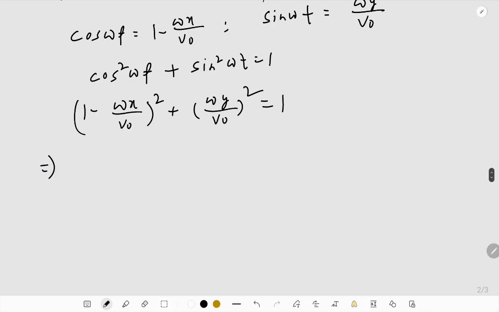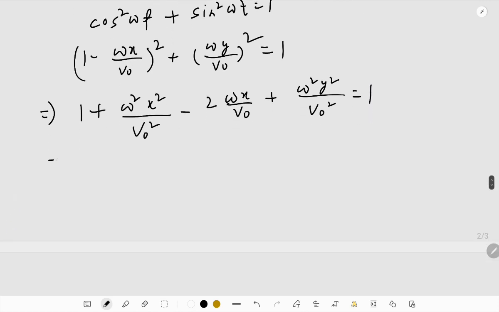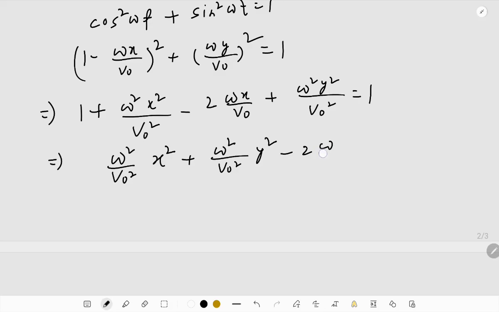If we expand things, we can write 1 plus omega square x square by v naught square minus twice omega x by v naught plus omega square y square by v naught square equals 1. And this gives us the equation: omega square by v naught square x square plus omega square by v naught square y square minus 2 omega by v naught x equal to 0.